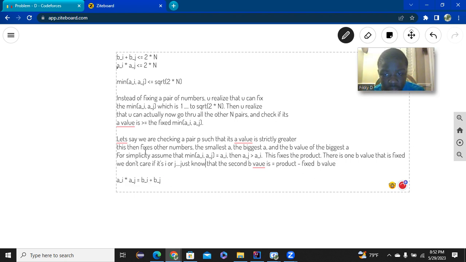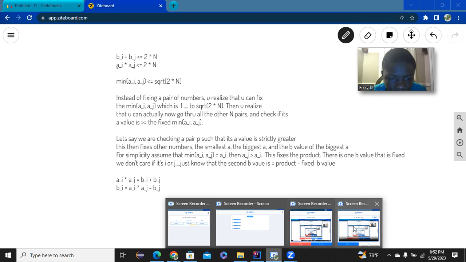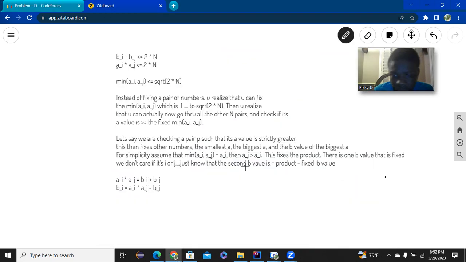So with this assumption, assume that a sub j is greater than a sub i, and that means b sub j would be fixed. So that means we would have to check b sub i would equal a sub i times a sub j. Again, it doesn't matter.